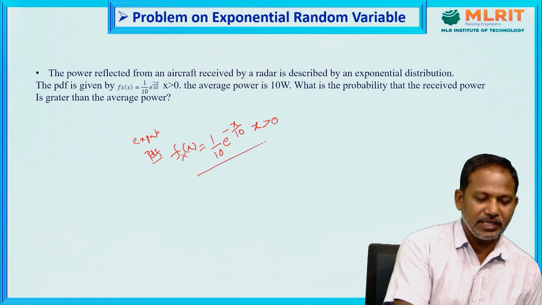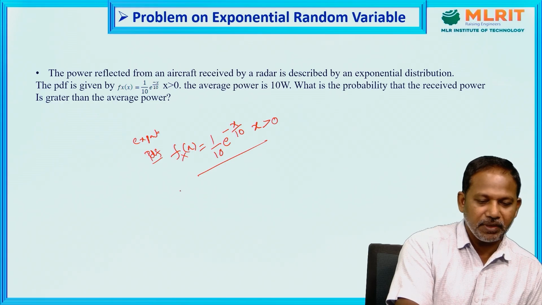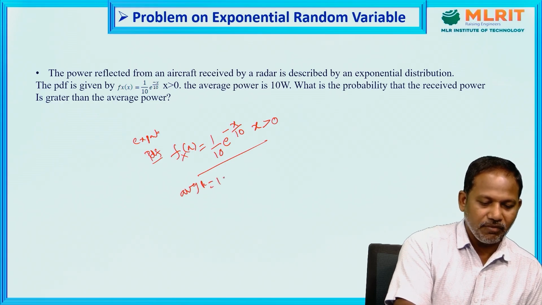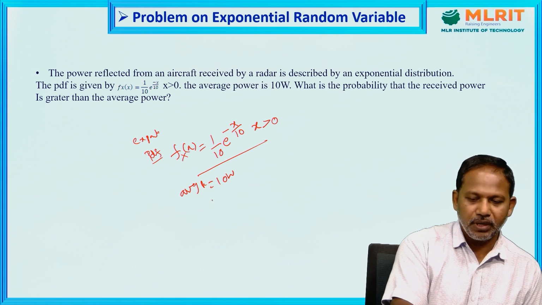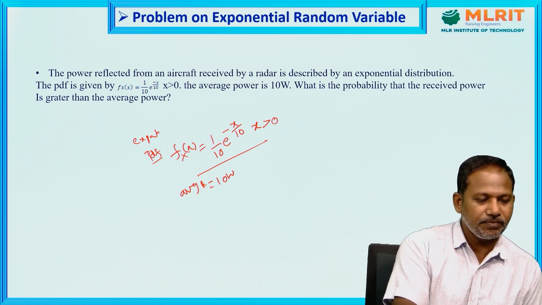This is the given function for exponential, and the average power is also given as 10 watts. Now I want to find the probability that the power received is greater than the average power.